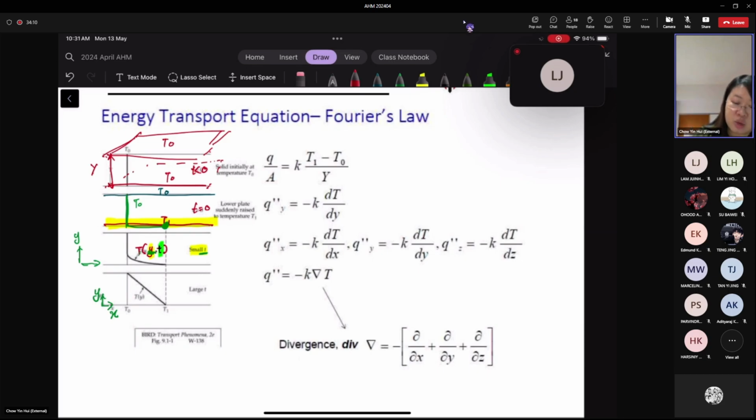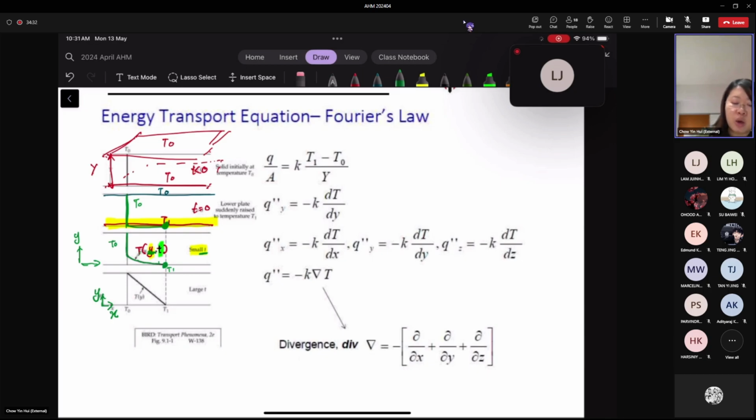That's why when they draw the temperature profile, the lower plate is at T1, but the temperature variation has not penetrated deeply into the solid. The rest of the solid still remains at temperature T0.